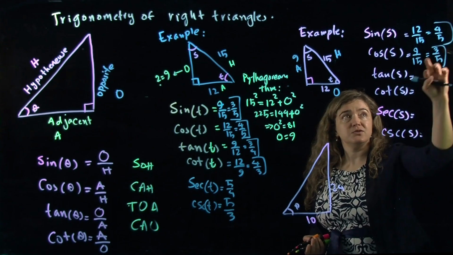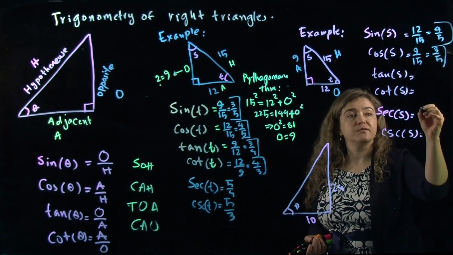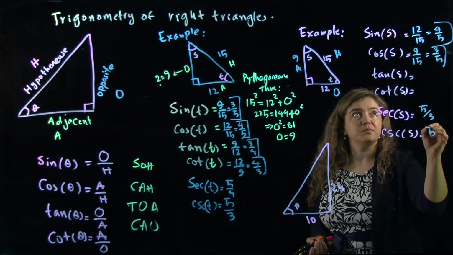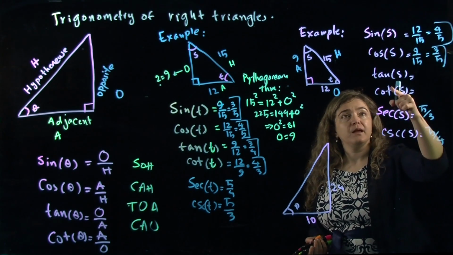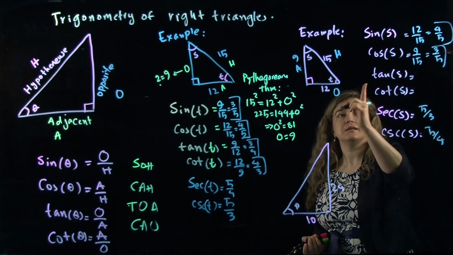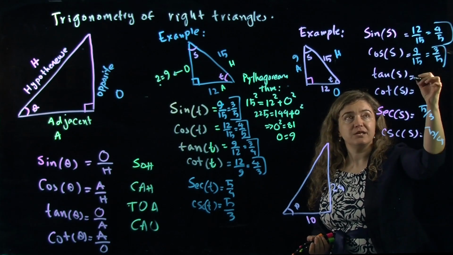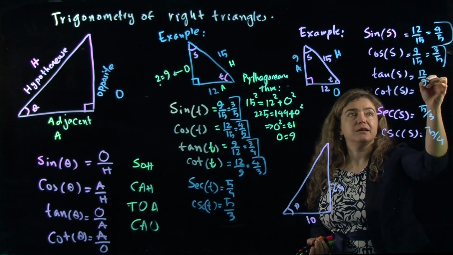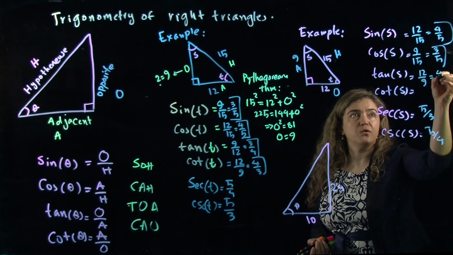Secant of S is just the inverse of that one by the identity, and cosecant is the inverse of this one. Tangent of S is the opposite over adjacent, which is 12 divided by 9, and that is 4/3.